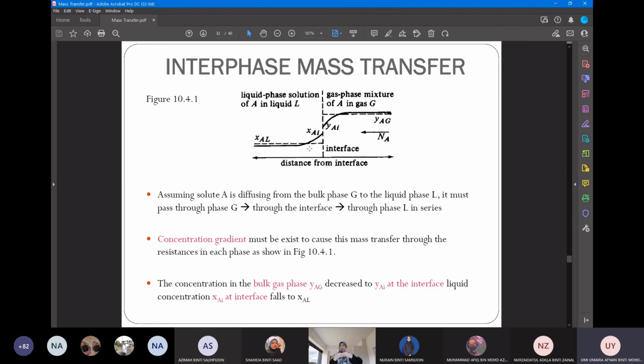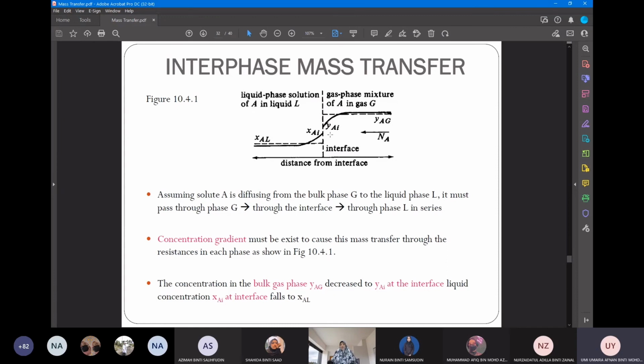The component that you are interested in separating is always called the solute. Your liquid will remain as what we call the solvent, the liquid where the transfer of solutes occurs.